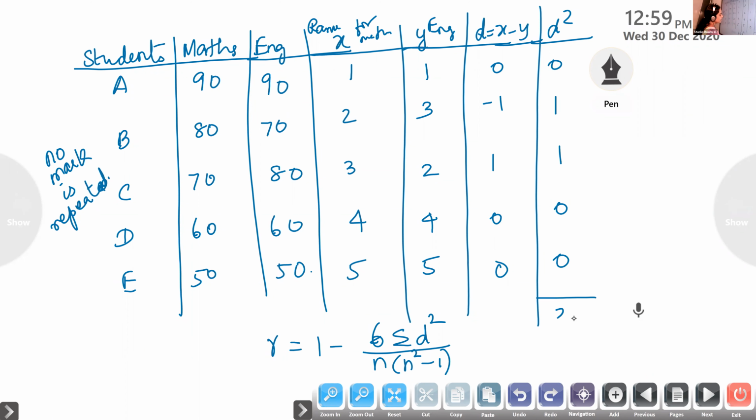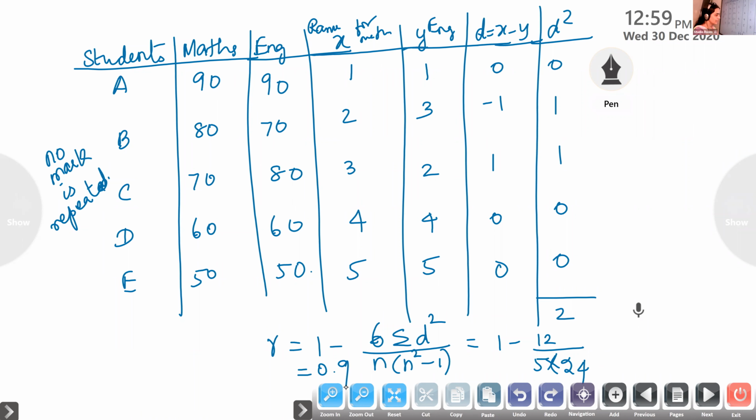So sigma is, it will be 2, isn't it? So you'll get 1 minus 12 by 5 into 24. So what is the rank correlation coefficient? It is 0.9.